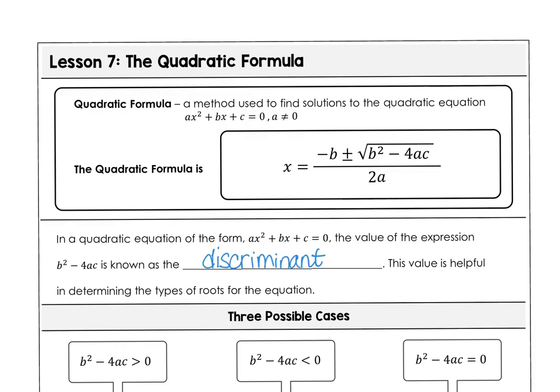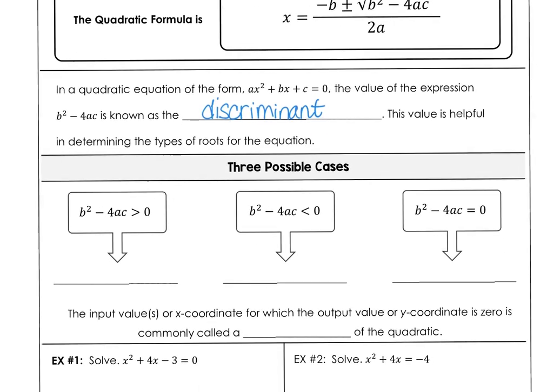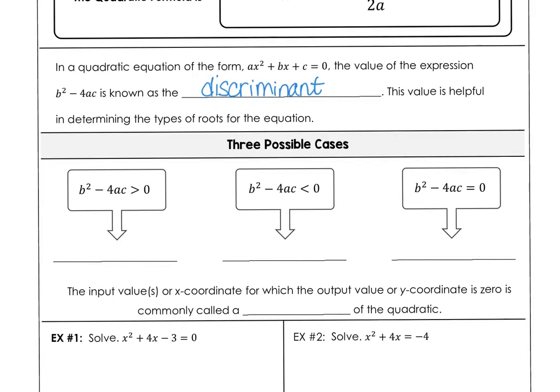When the discriminant is a positive number, you will see two real solutions. When the discriminant is negative, you get no real solutions. They'll be imaginary or complex solutions.